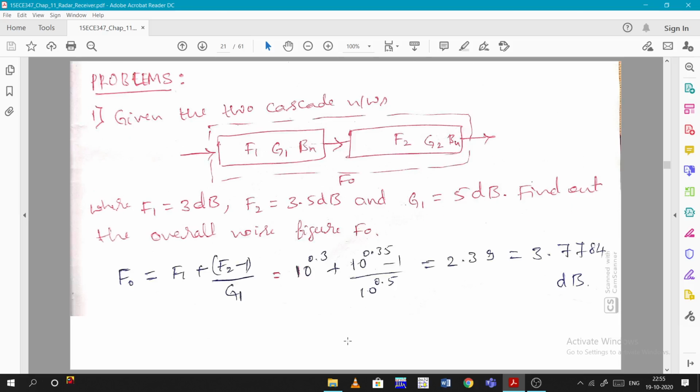The problem here is that when you substitute the noise figures, you should substitute normal values, not dB. If they are given in dB, we need to convert them into normal values and then substitute. For example, it is 3 dB, so 10 log F1 equals 3 dB; from that we find F1.